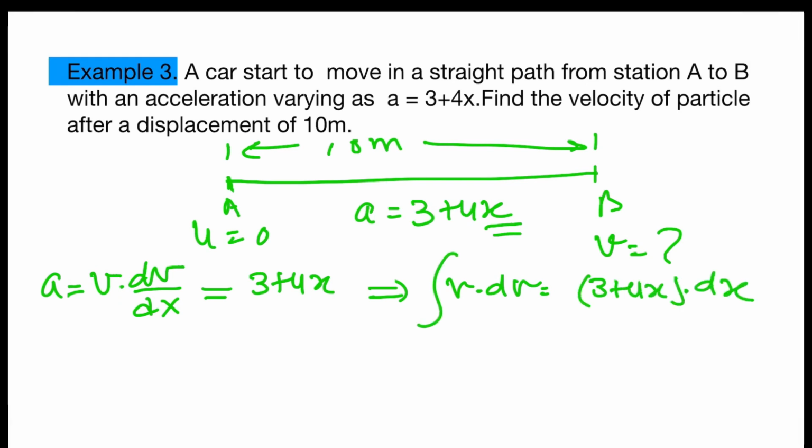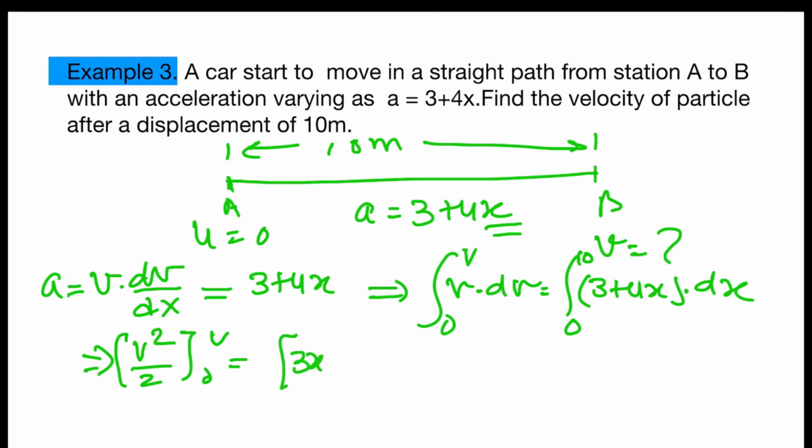Now if we integrate both the sides, x is changing from 0 to 10 meter and velocity is changing from 0 to v. So we can say v square by 2 equals 3x plus 4x square by 2, with limits 0 to 10.